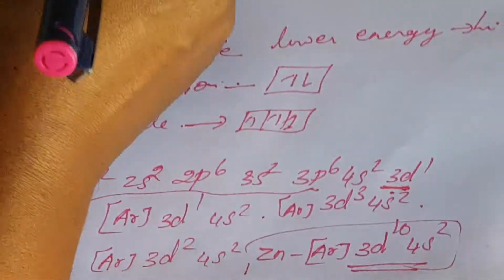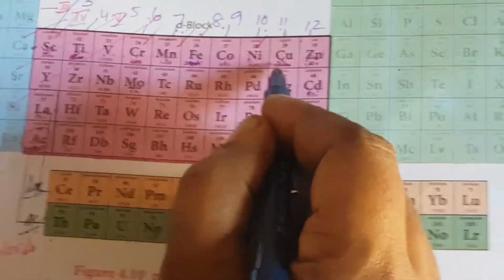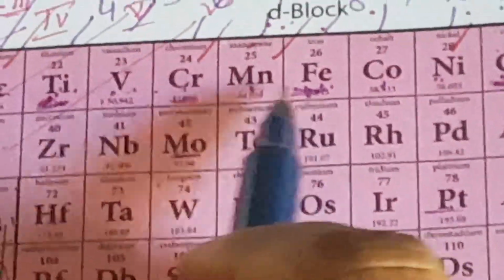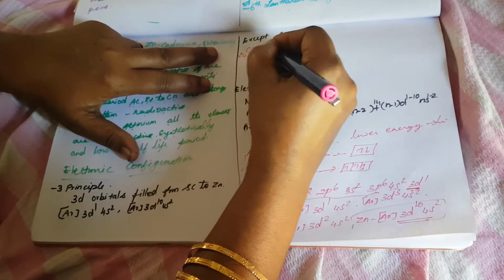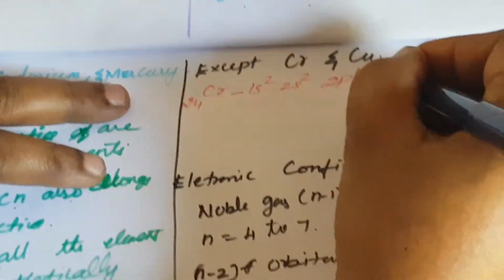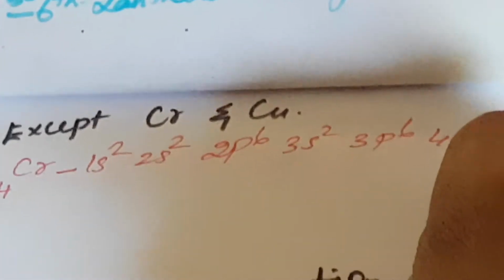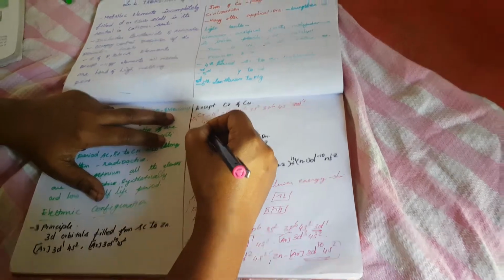But in this series, chromium and copper are exceptions; we also studied this in the 11th standard. What is the electronic configuration of chromium? The atomic number is 24: 1s2, 2s2, 2p6, 3s2, 3p6, 4s2, 3d4. This is the ground state. In the excited state, what happened?